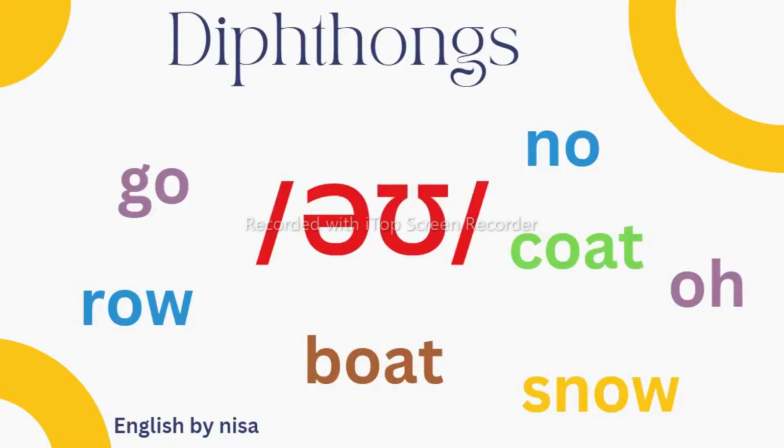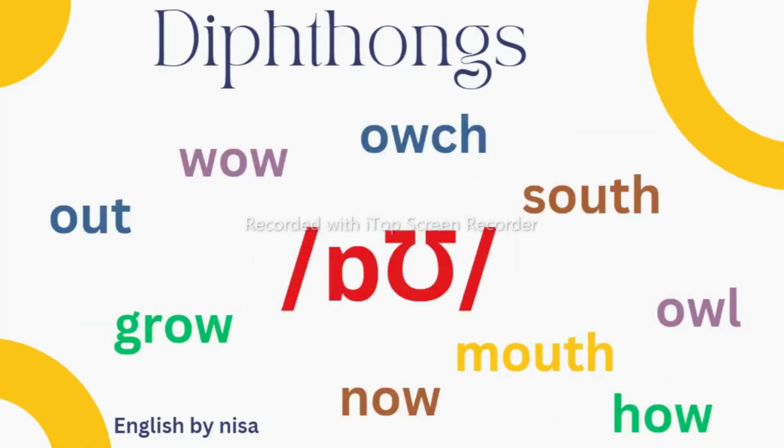Here the inverted E is there, which produces the O sound along with U. But here A along with U produces the ow sound. For example, like in now, mouth, how, the ow sound is coming. As in south, wow, and out. So remember the symbol and the sound.